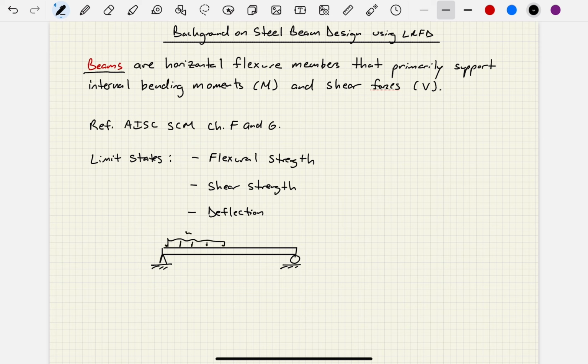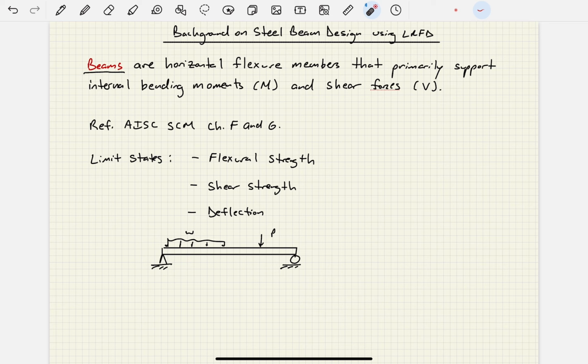We'll call that maybe W, and maybe there's a P over here. And if we use method of sections, we can make a cut section really anywhere along this length, and we can determine that internal bending moment M or internal shear force V, okay?